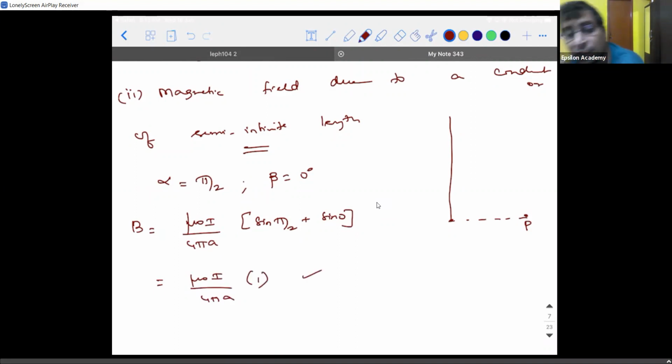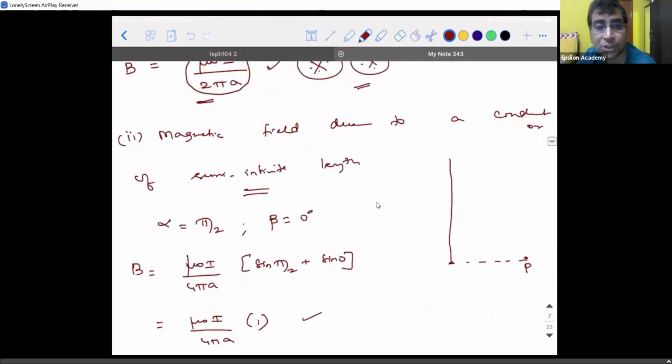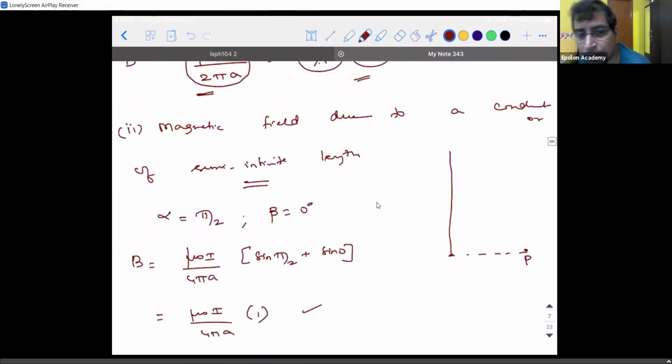Are you guys able to understand the difference between the above expression and this one? Mu naught I is common in the numerator for everything. If the denominator is 2 pi A, it is of infinite length. If the denominator is 4 pi A, it is of semi-infinite length. I hope it is clear, guys.